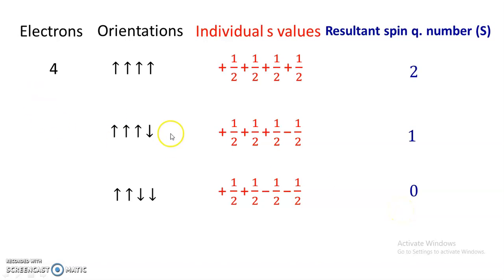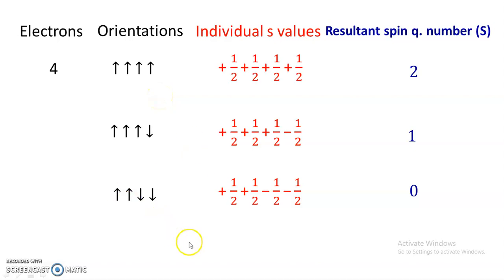So in this way, for these 3 orientations for 4 electrons, the possible resultant spin quantum number values are 2, 1 and 0. The resultant spin quantum number is 2 when all the 4 electrons are spinning along the clockwise direction, or they have a parallel spin.